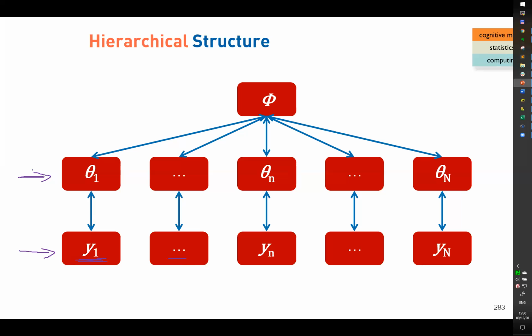And then here, this is the unknown part. So theta 1 is a generic form, but basically in our case, that could represent the combination of the learning rate and the tau, the 2 parameters. So this is the parameter from the first person, and if this is the second, then that's the parameter of the second person, and so on and so forth until the last participant.